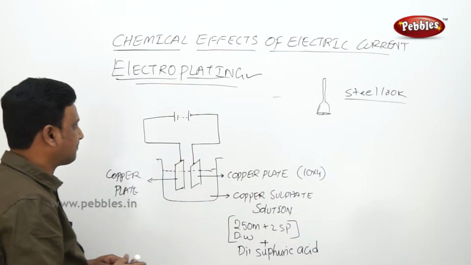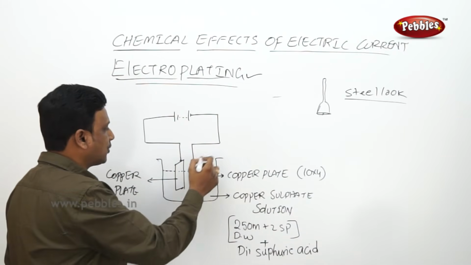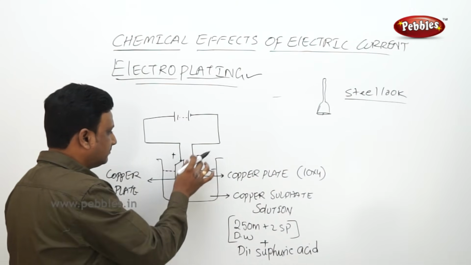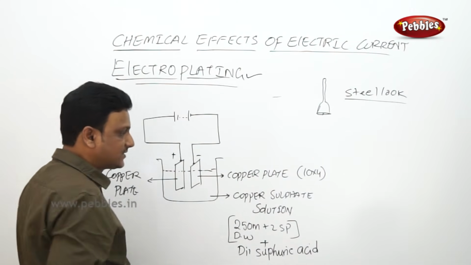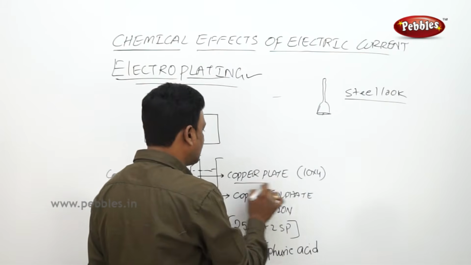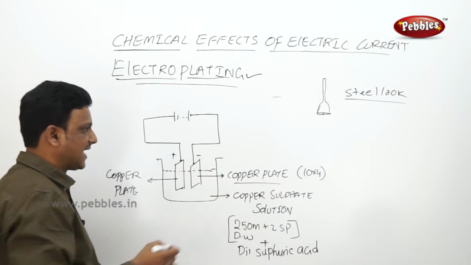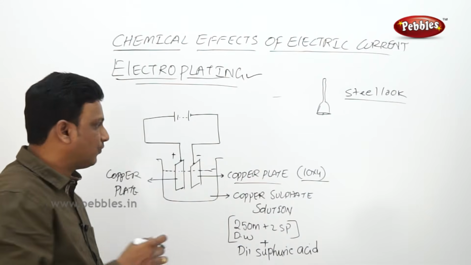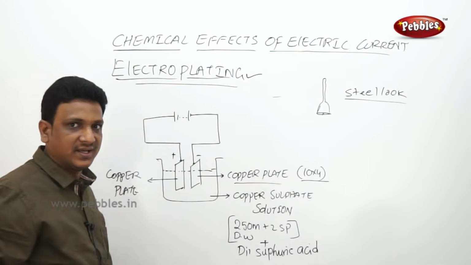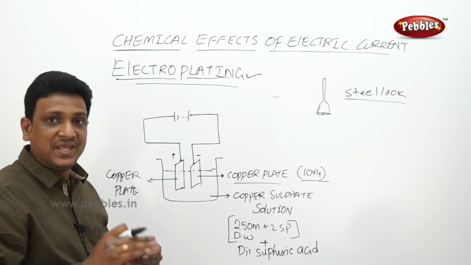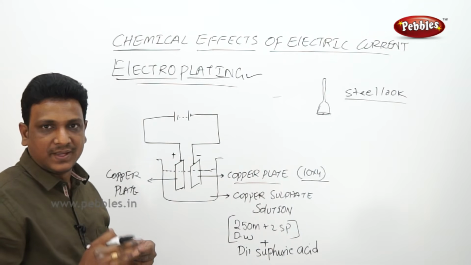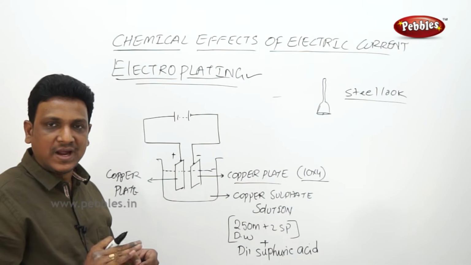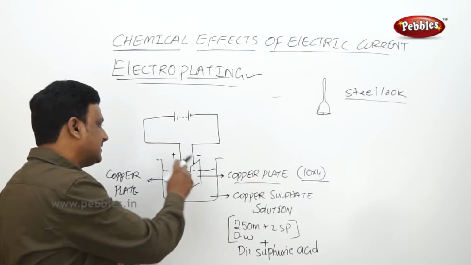So here we have the setup. We have a battery with 2 terminals, connected to 2 plates. They are copper plates of size 10 by 4 centimeters. Before connecting the copper plates to the wires, rub them with sandpaper, wash them, dry them and wipe them completely, then fix them here.